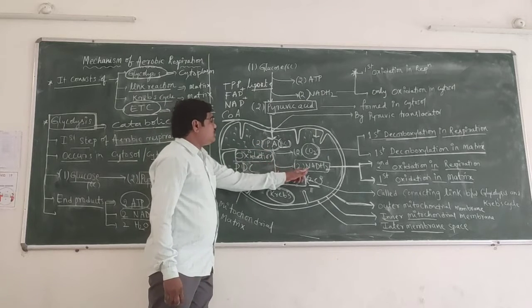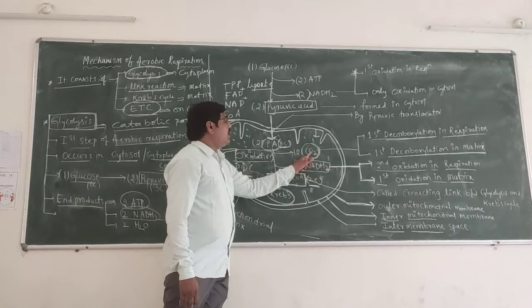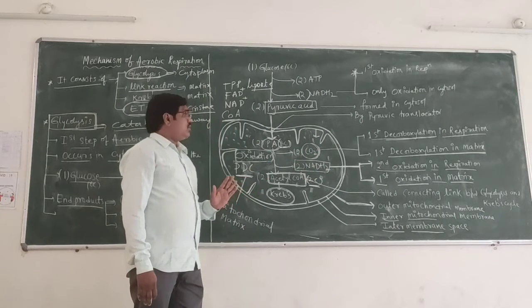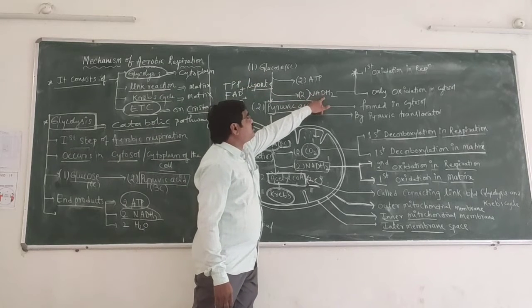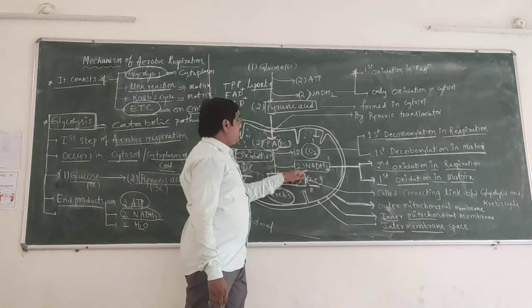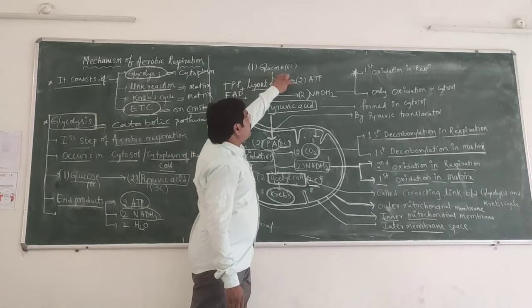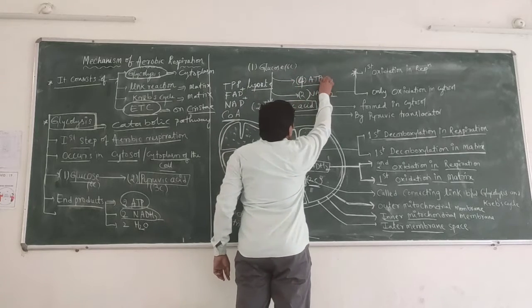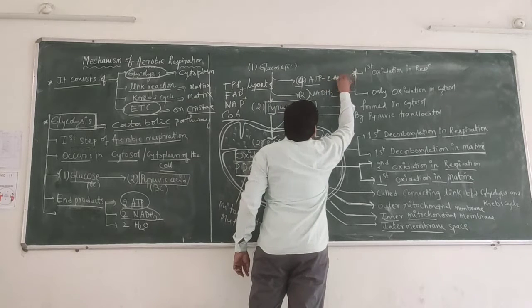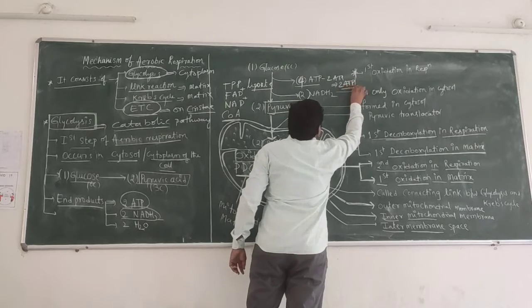During the link reaction, two molecules of NADH2 and two molecules of carbon dioxide are produced. During glycolysis, two NADH2 are produced, and in the link reaction two more NADH2 are produced. During glycolysis, four ATPs are produced but two ATPs are consumed, so the net gain is two ATPs.